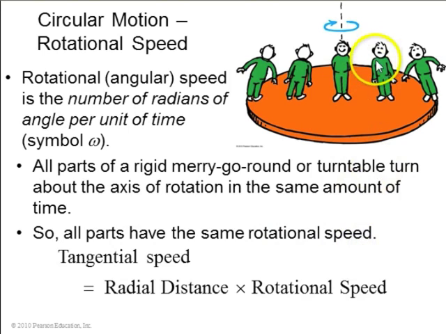But the tangential speed of particles or people on it is greater the further the radial distance from the axis. So this guy has 0 tangential speed, this guy has more, and this guy on the edge has the greatest tangential speed. So the equation there is V, tangential speed, is equal to R times omega.